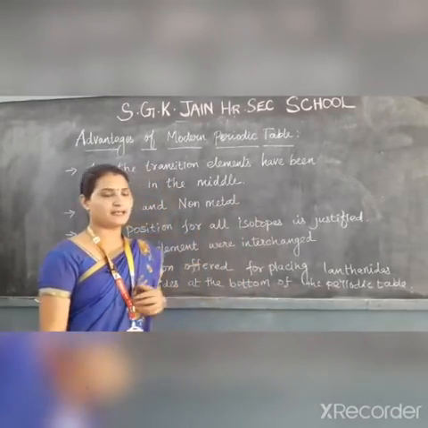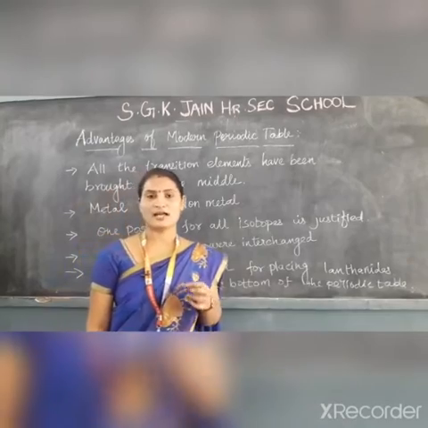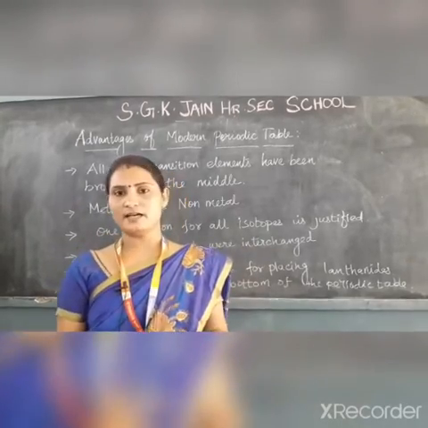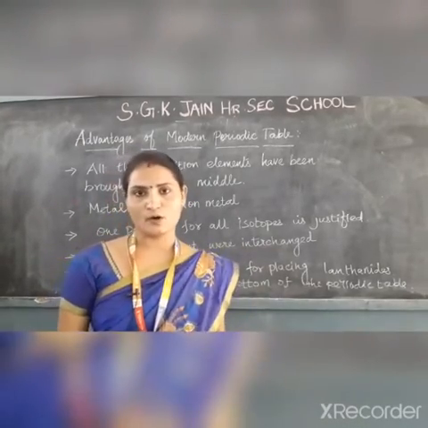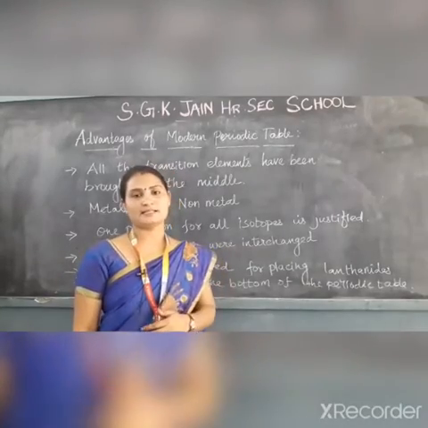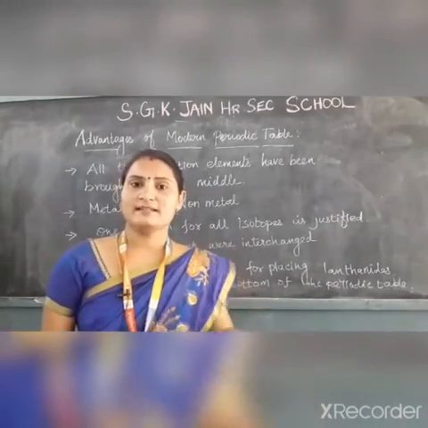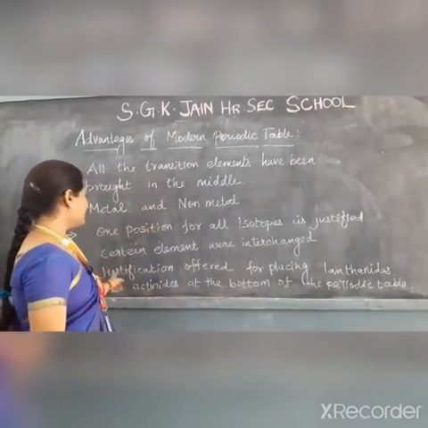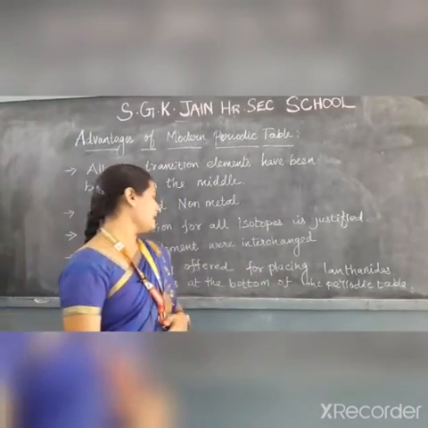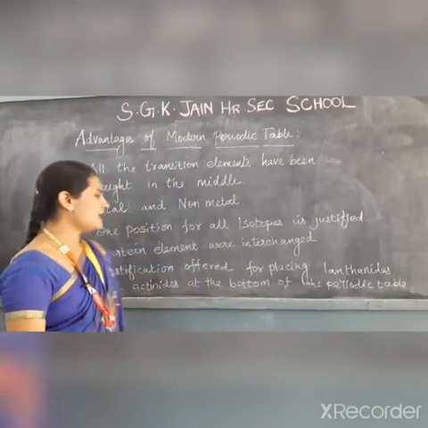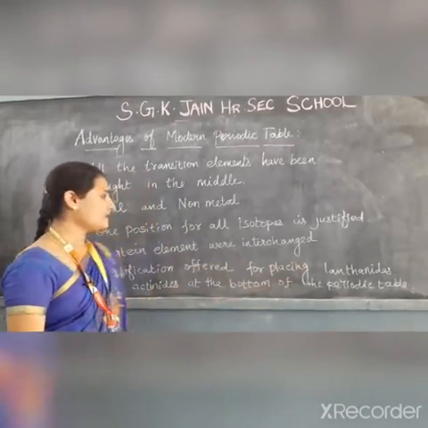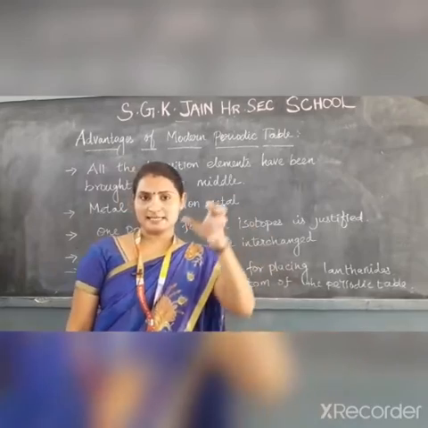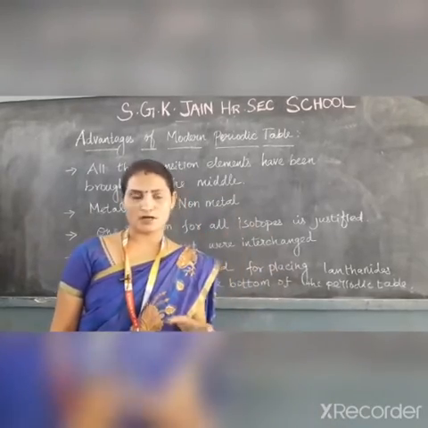But in this periodic table, all the elements are arranged in increasing order of atomic number, as I told you already. So no elements have been interchanged in the periodic table. Then, justification is offered for placing lanthanides and actinides. Lanthanides and actinides have been placed in the F block.